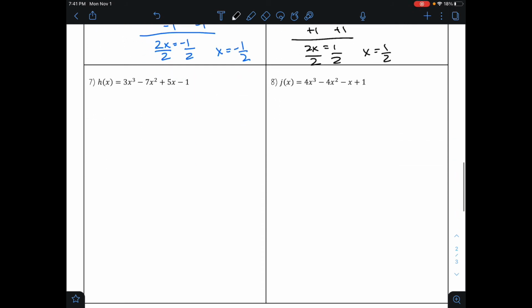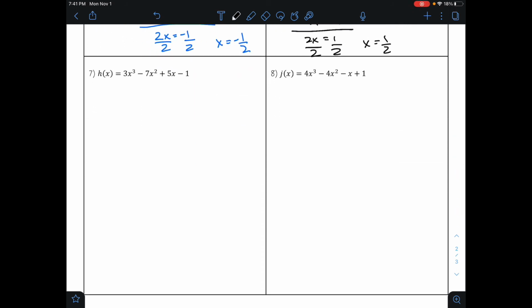So on example 7, first thing I'm going to do is find my possible rational zeros by doing plus or minus p over q values, which is my constant divided by my leading. My constant is a 1, so my factors of 1 are 1. My leading coefficient is 3. The factors of 3 are 1 and 3.